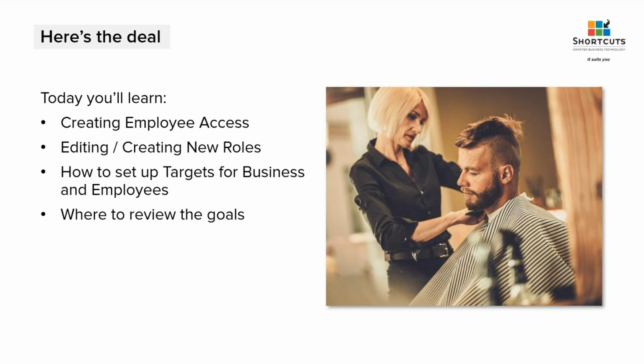So how to create new roles in case, let's say you have a manager or an assistant manager and you want them to have more access than the employees, but not necessarily all of the access that you currently have. So you can actually create a new role. And then something that's new, something that we rolled out at the end of last year, how to set up targets for your business and of course your staff. And then where to go when you want to review these targets, these goals.